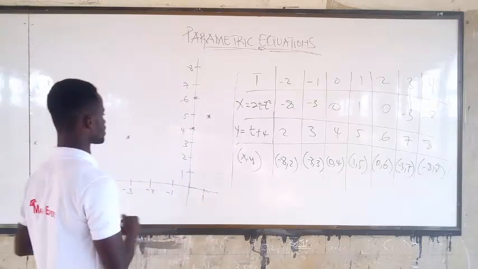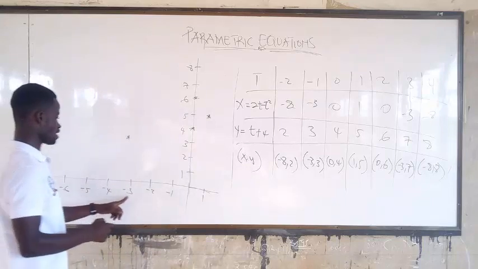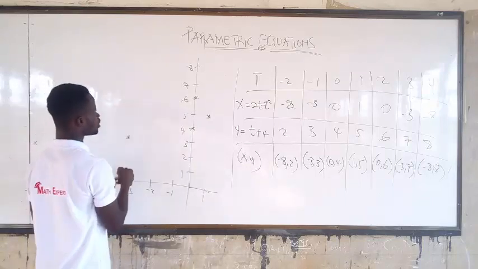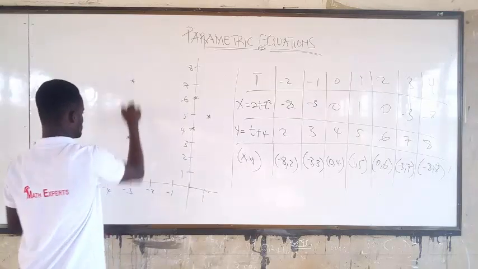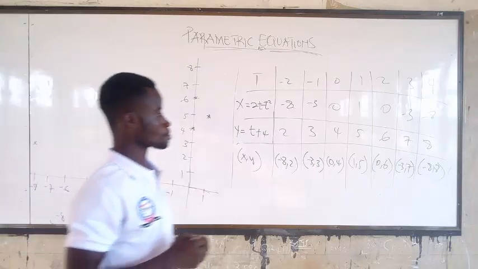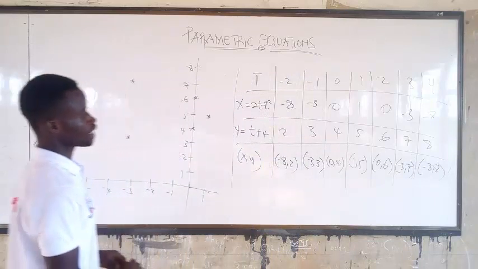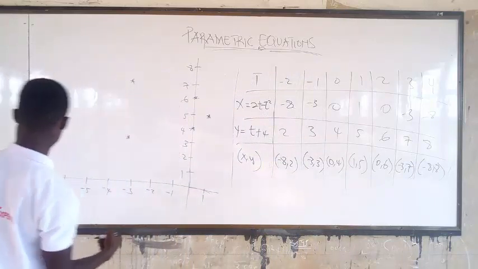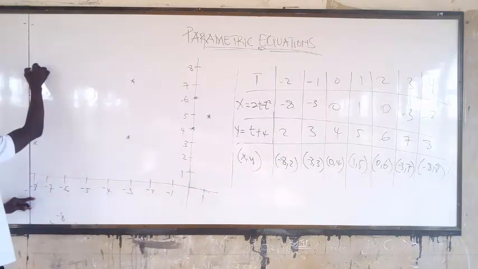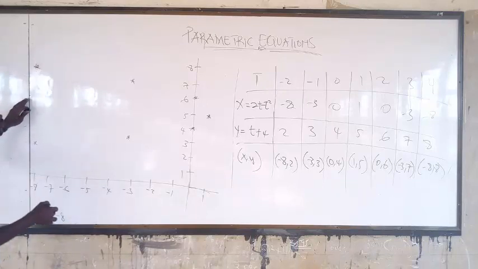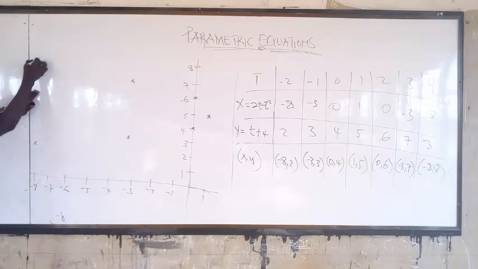Negative 3, 7. Negative 8, 8. Beautiful.